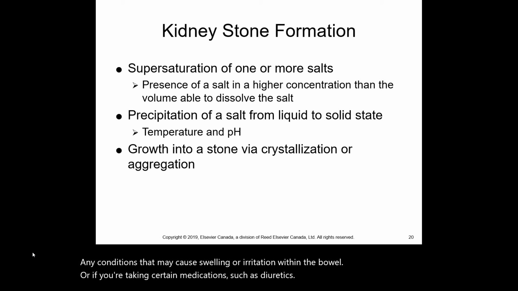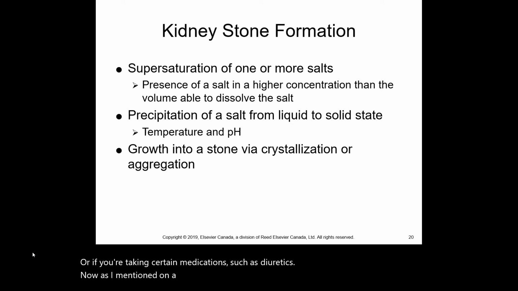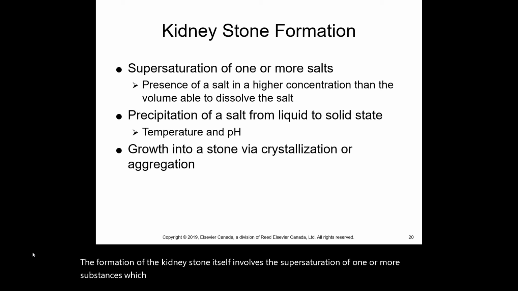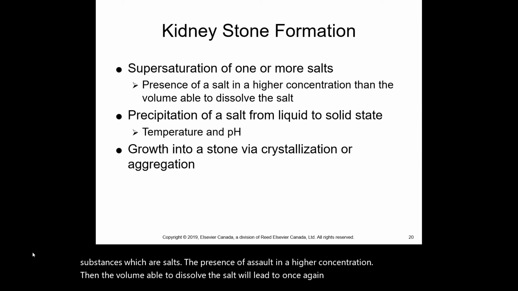Now, as I mentioned on a preceding slide, the formation of the kidney stone itself involves the supersaturation of one or more substances, which are salts. The presence of a salt in a higher concentration than the volume able to dissolve the salt will lead to, once again, that higher concentration or saturation of salts.